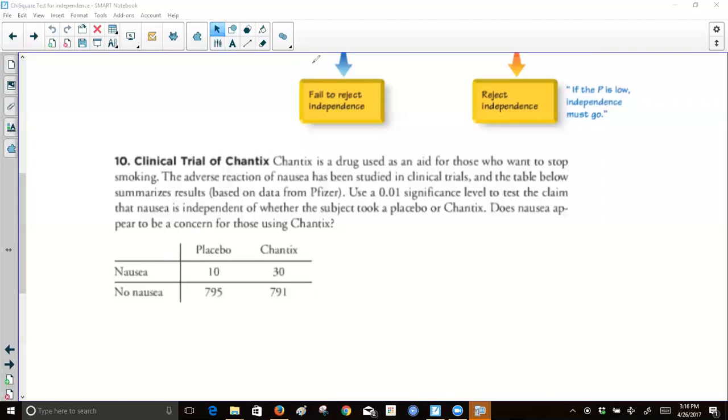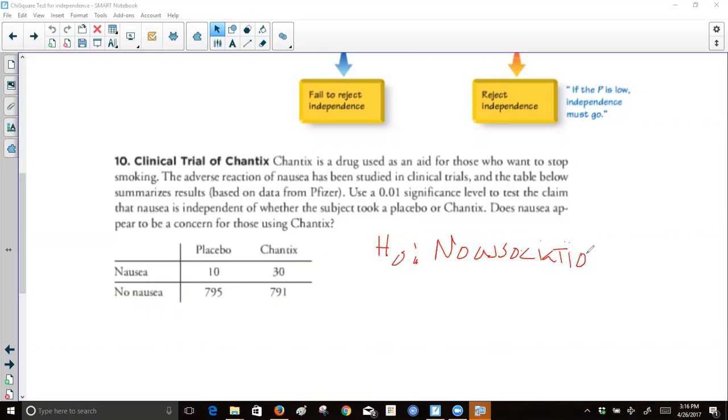So basically what we're going to do is a chi-square test, and it's kind of like what we did yesterday with the goodness of fit test. We're going to say there's no association between these variables. There's no relationship. Another way to say this is they are independent.